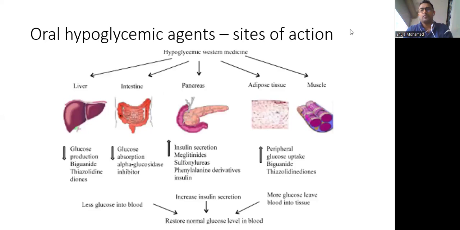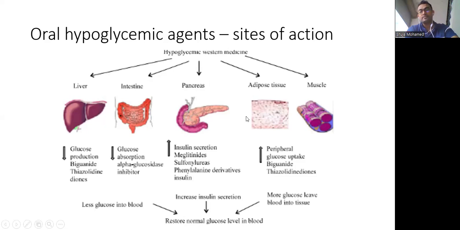So this is just an overall idea of where these agents, oral hypoglycemic agents or OHA, are going to act. They act on the liver. What do they do in the liver? They reduce glucose production. What are the drugs? Biguanide, thiazolidinedione. Then at intestinal level, it reduces glucose absorption. The drug is alpha glucosidase inhibitor. At the pancreas, what does it do? It increases insulin secretion, like sulfonylureas and meglitinides.